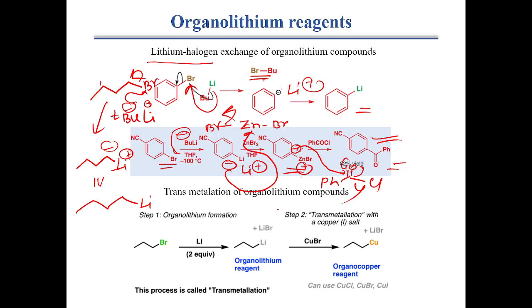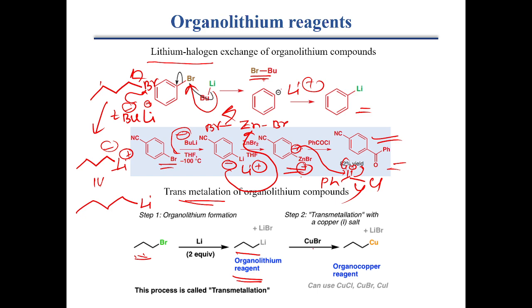So the important reaction of organolithium is the transmetallation reaction. What happens here? First, in presence of any kind of alkyl bromide or aryl bromide, the lithium halogen exchange reaction occurs, so first this organolithium reagent is formed.